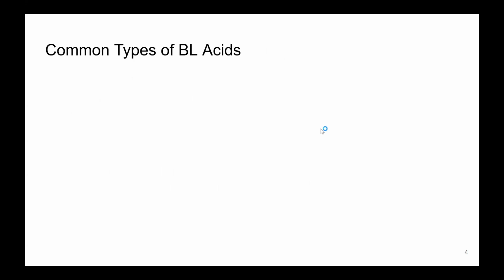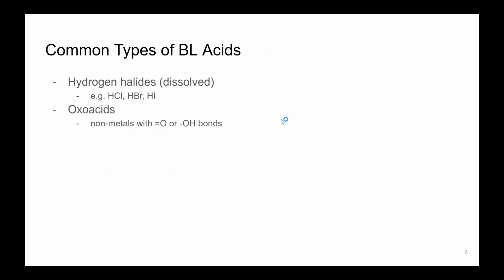There are some common types of BL acids that you should take note of. The first is dissolved hydrogen halide. For example, you have your hydrochloric acid, HBr, and then you have your oxo acid. Those are your nonmetals with double bond O or single bond O, single bond H bonds.